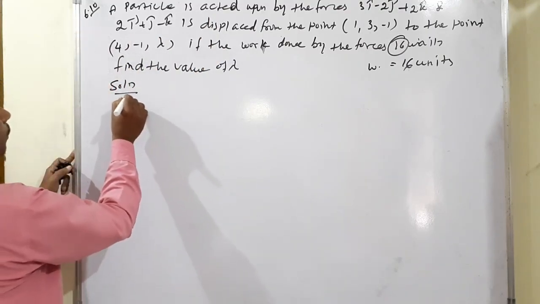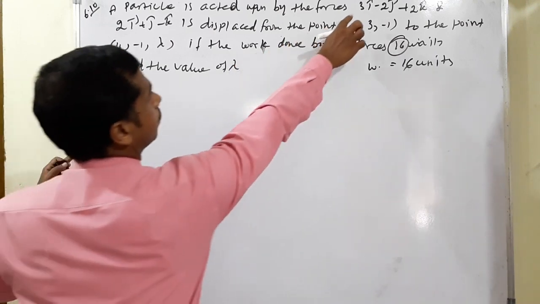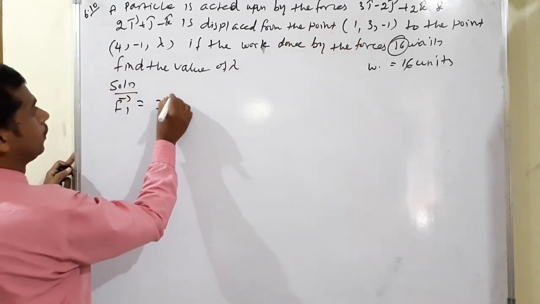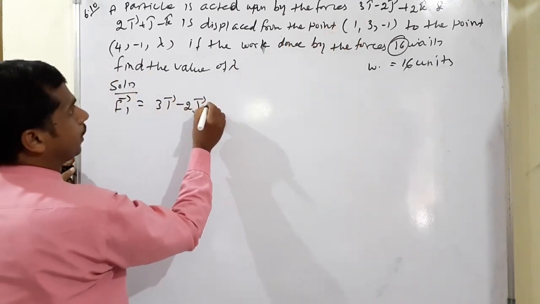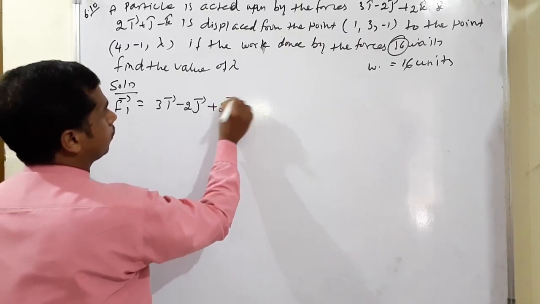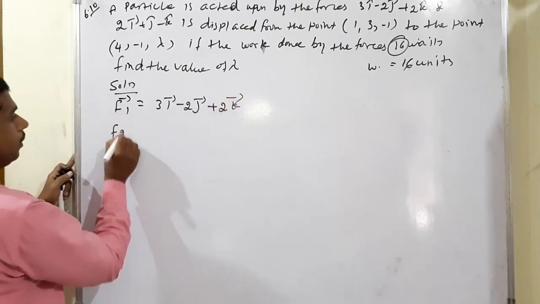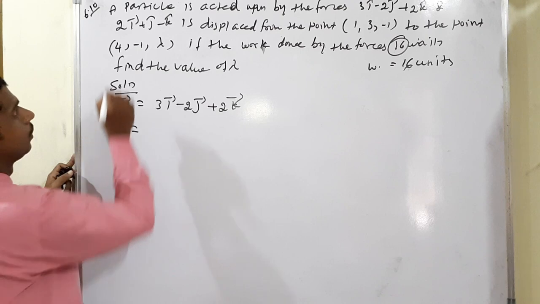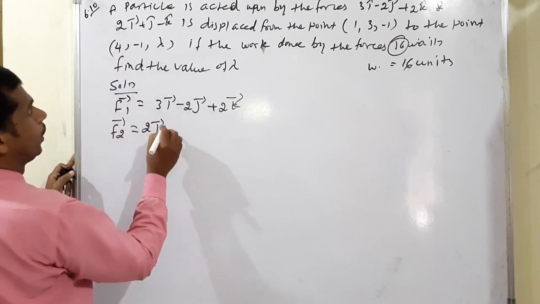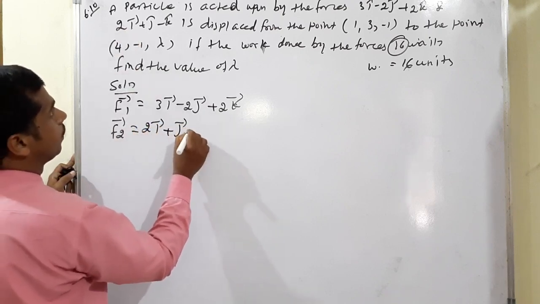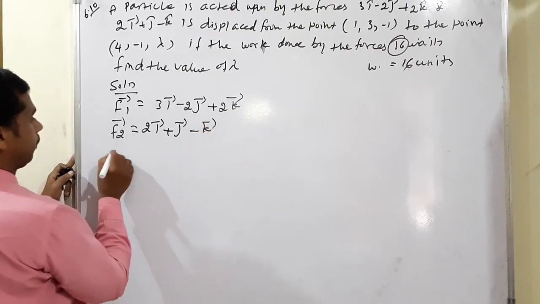F1 vector is equal to 3i vector minus 2j vector plus 2k vector. Then F2 vector is equal to 2i vector plus j vector minus k vector.